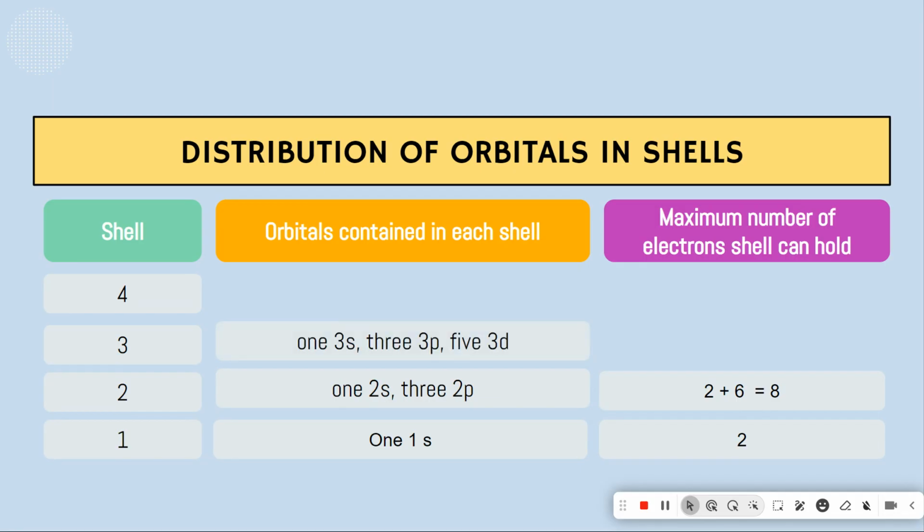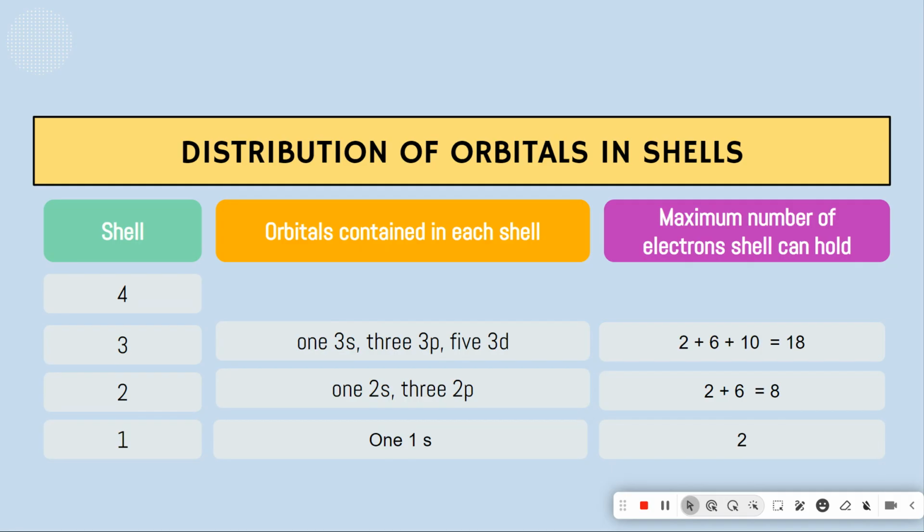The third energy level has a 3s, 3 3p, and 5 3d orbitals. We can hold 2 in the s, 6 in the p, and 10 in the d for a total of 18 electrons in the third energy level.